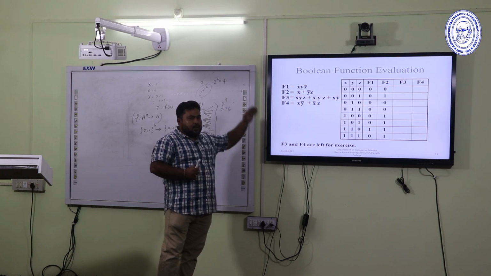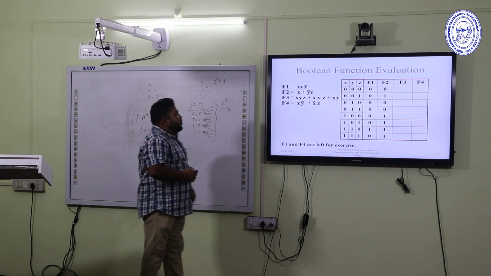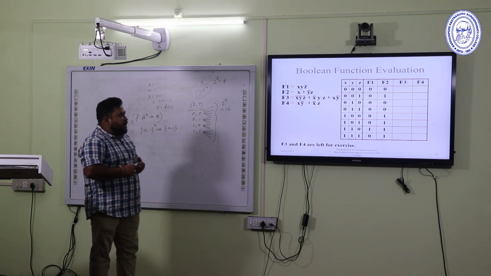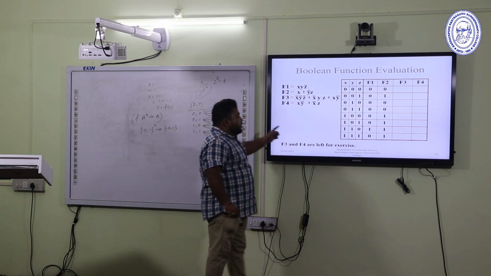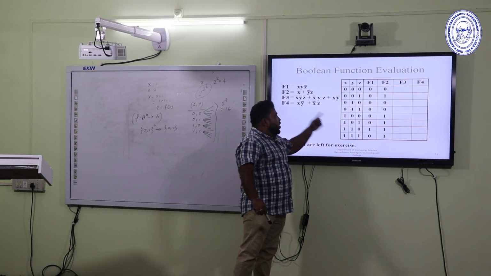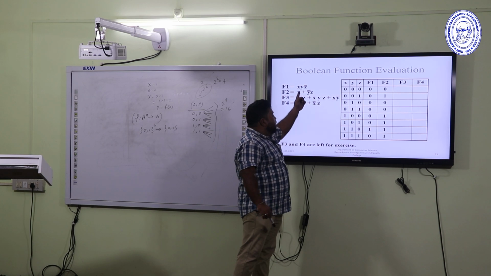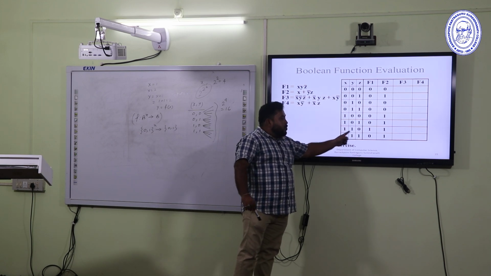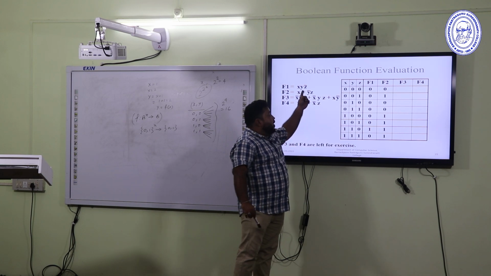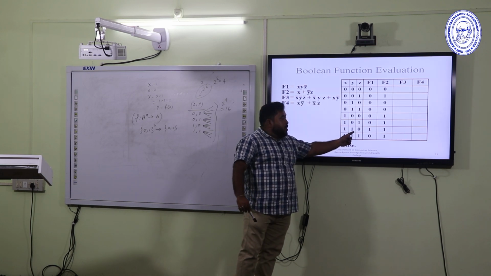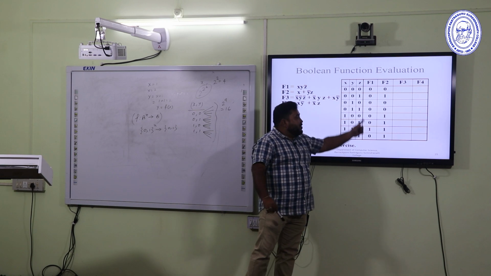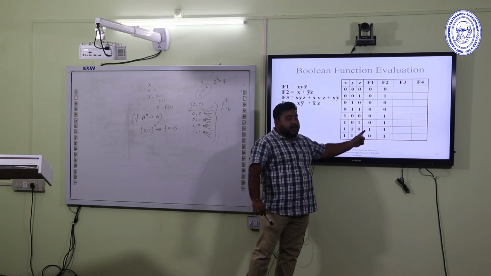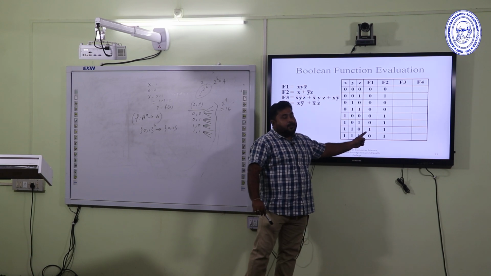From function 1, that is x y z prime, x means 1, y means 1, z prime means 0. So in the case of 1 1 0, f1 generates a true value, so I am writing 1 here.